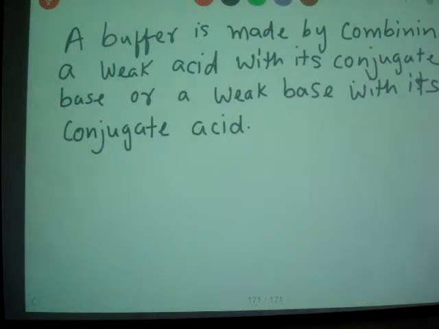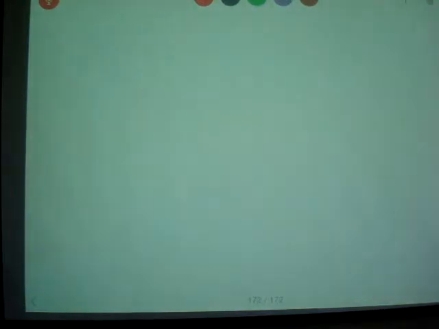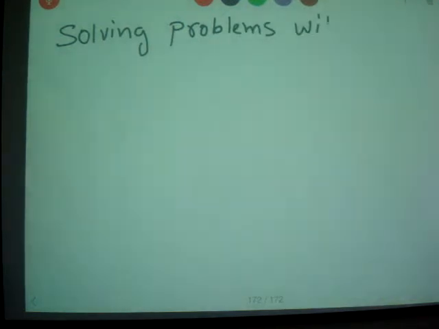Now how do we solve problems with buffer solutions? There is a strategy for that.